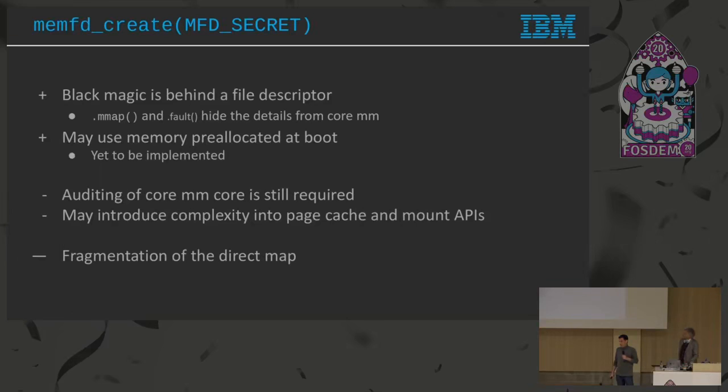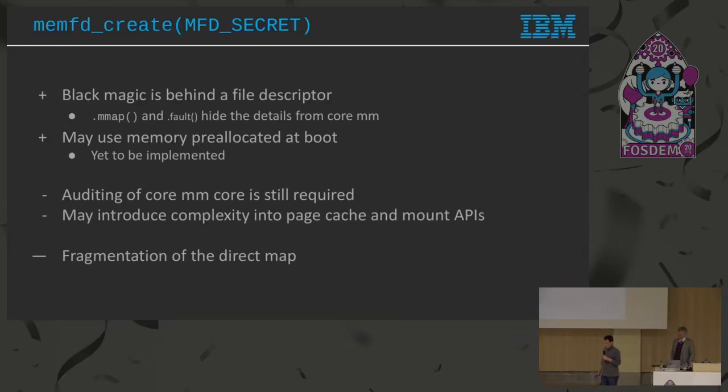It is possible to pre-allocate memory at boot and then use it as backend memory for such file descriptor-based memory management. We still would need to audit all the memory management code to make sure that nothing would try to access the secret memory and that the safety is preserved.